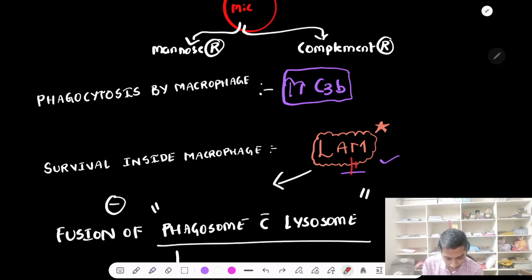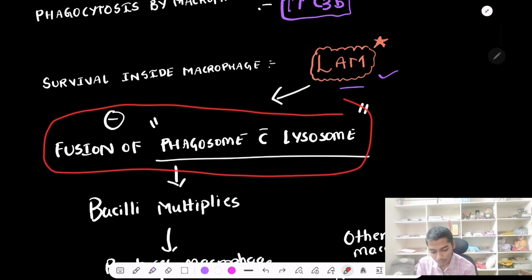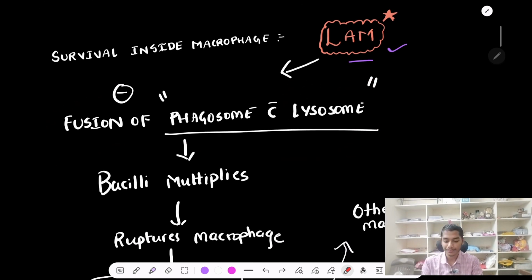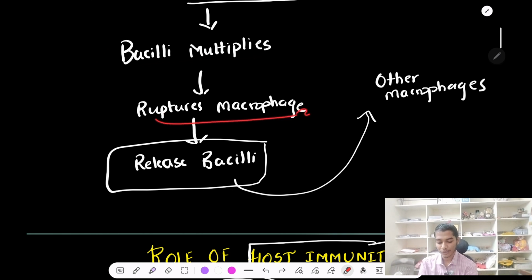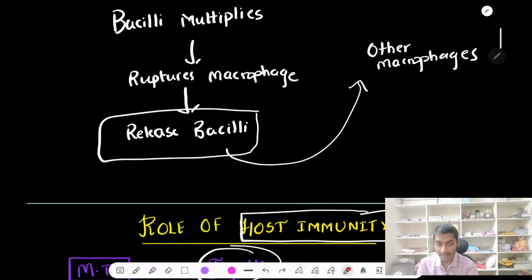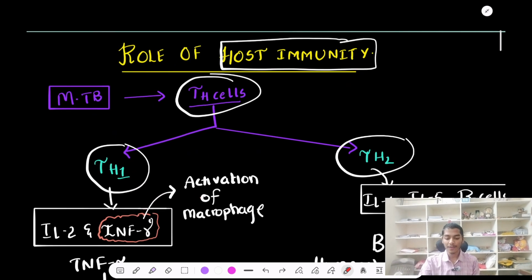Here the lipoarabinomannan's main function is to inhibit the fusion of the phagosome with the lysosome. Then the bacilli multiply inside and rupture the macrophage, releasing the bacilli. These released bacilli infect more macrophages and cause the infection to spread, right?